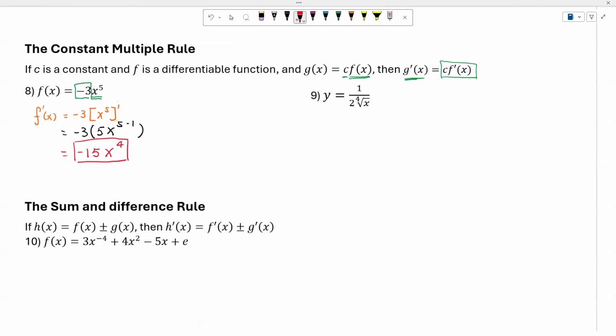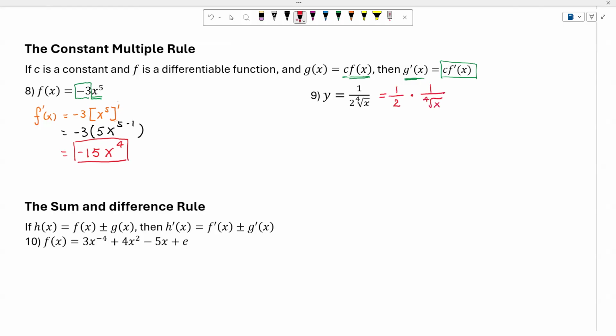So number 9 is a little more complicated. Again, we base on what we want. We write this into exponent form first. Then in this case, I have 1 over 2 multiplied by 1 over the 4th root of x.